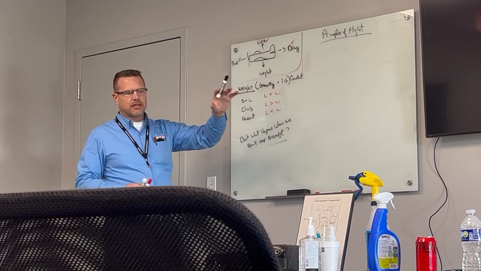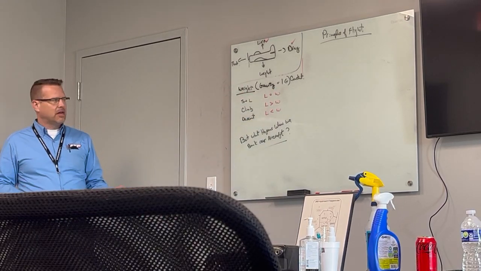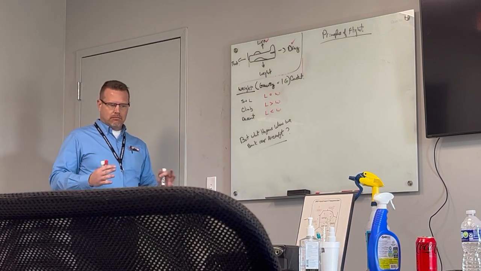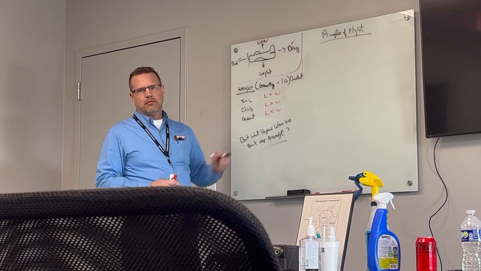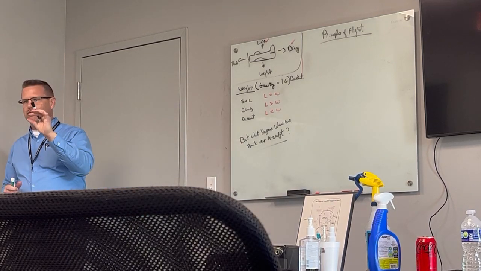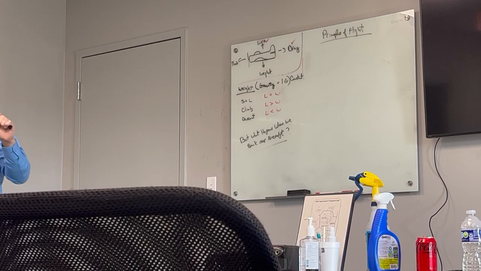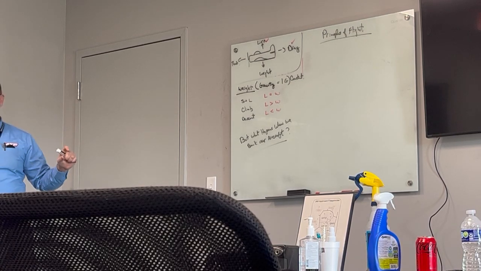So any object that is experiencing its weight because of gravity by itself is considered 1G, okay, in our terms. So we're just going to call gravity G. It's like an abbreviation for gravity, okay?